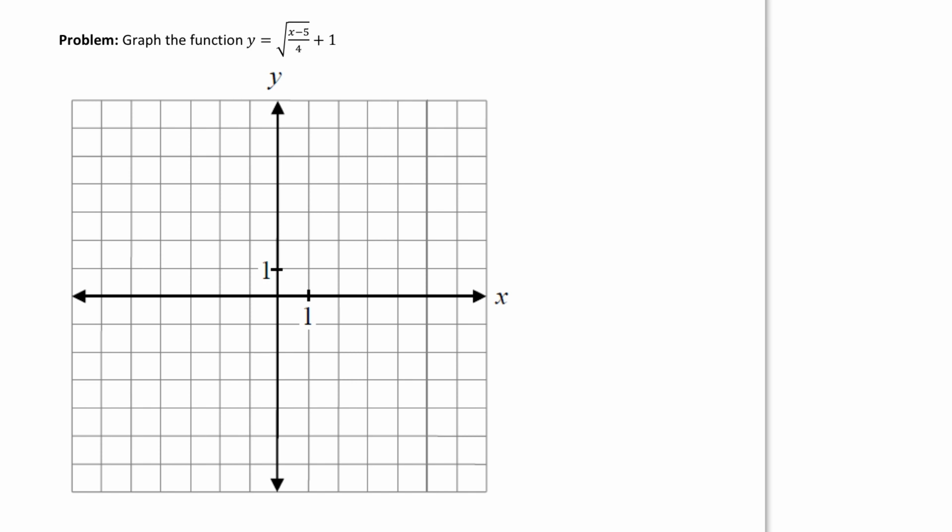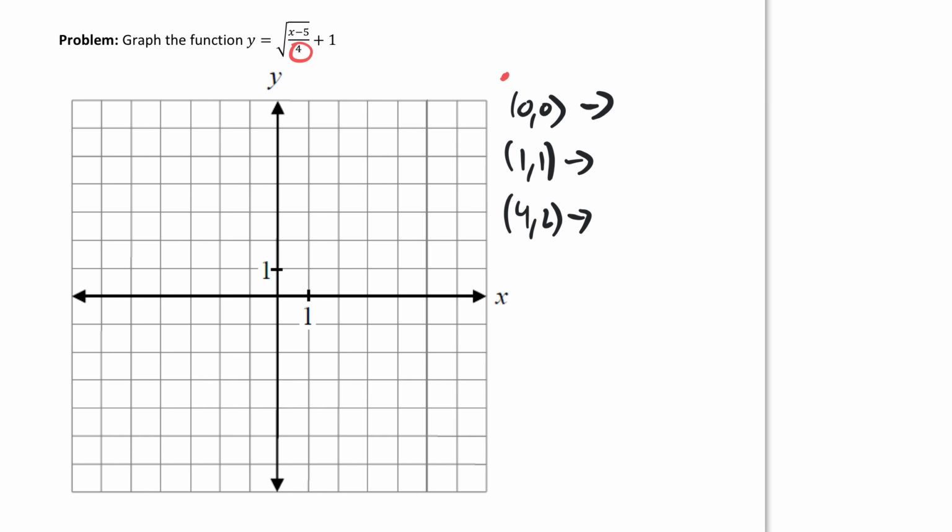All right, again, we have another radical to graph. Please pause the video and give this one a try. All right, let's look at our points: (0, 0), (1, 1), (4, 2). In this case, the 4 on the bottom is going to be a horizontal stretch, and we have to remember that it's going to be the opposite.